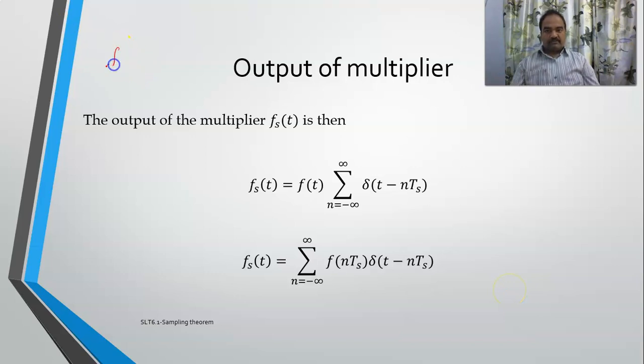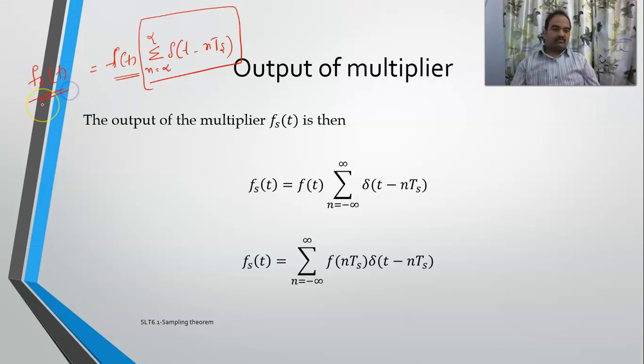Your original function is f of t, and your sampler, whatever you are picking up, you are going to pick n number of samples. Now, the function is represented in this fashion. This is your sampler, and this is your original function. So if you multiply these two, then you will get your resultant digital function.